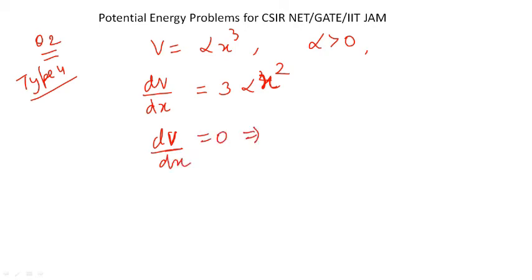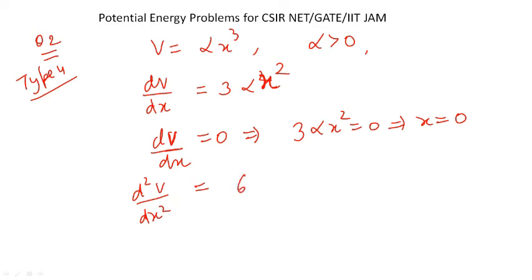That means 3 alpha x square is equal to 0. That means x equal to 0. Now we will find d2V over dx2. This will be equal to 6 alpha x.